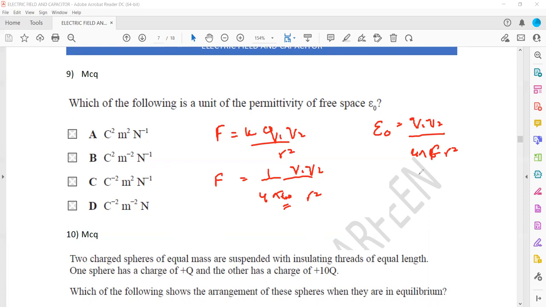Q1 and Q2 are in coulombs, so coulomb multiplied by coulomb. 4 and pi are constants. F is a force in newtons and r is a distance in meters squared. So coulomb squared newton per meter squared, or coulomb squared newton minus 1 meter minus 2, or the order can be changed. So coulomb squared newton minus 1 meter minus 2. So B will be the right answer.